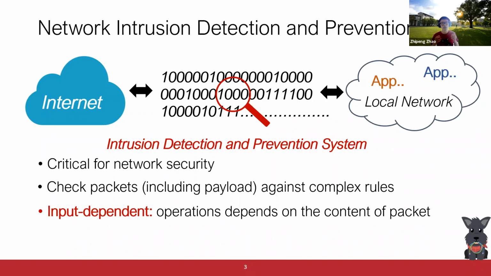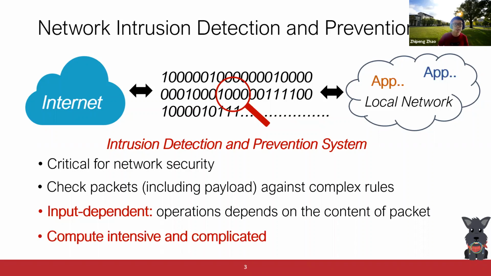For instance, a packet that contains a malicious payload will access more processing stages than its innocent counterparts. Because we need to check almost every single byte of network traffic against a large number of rules, this application is very compute intensive.